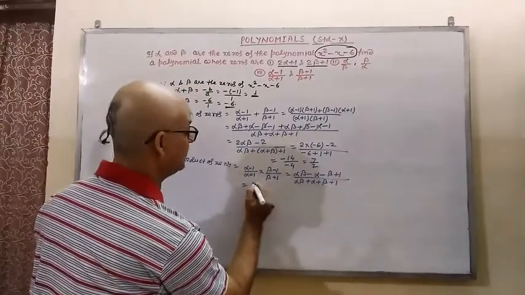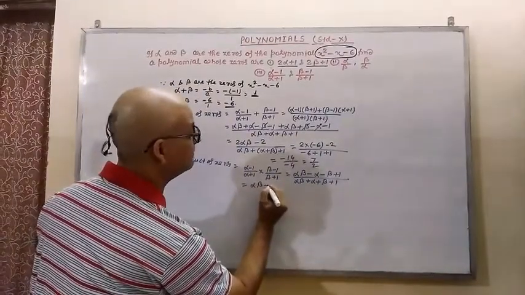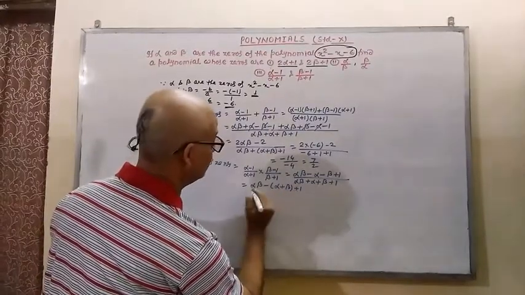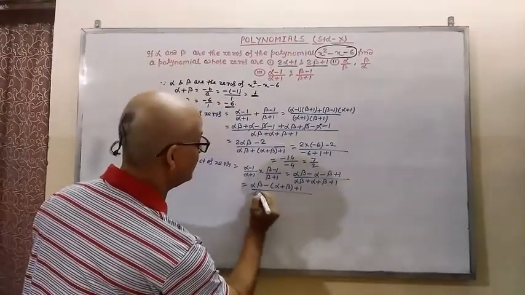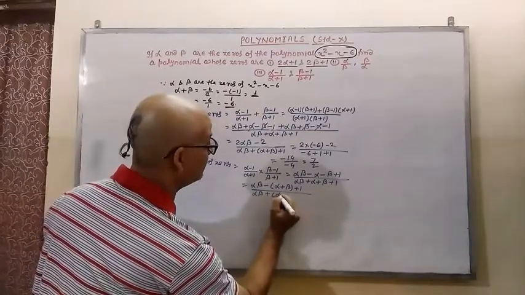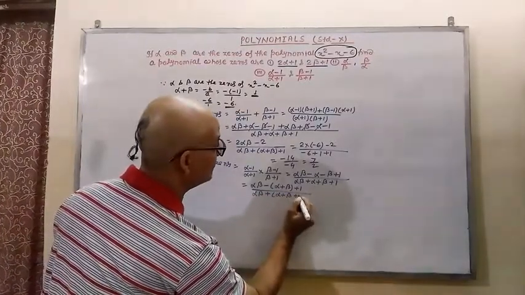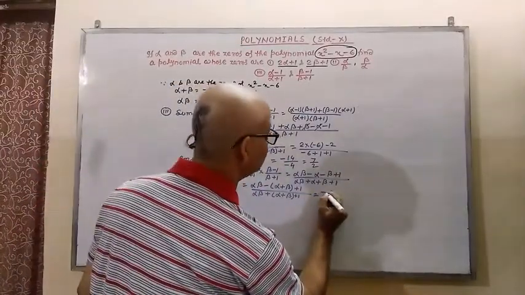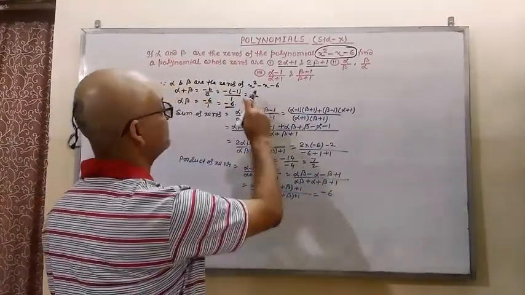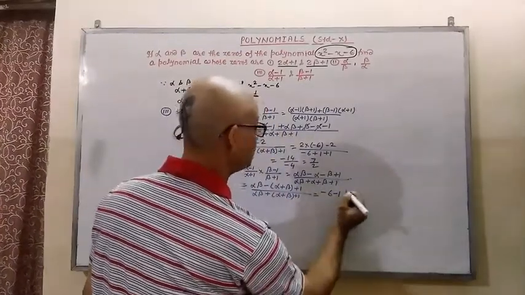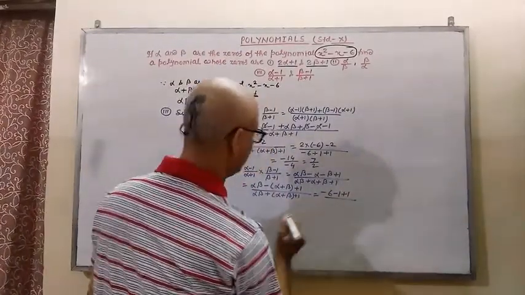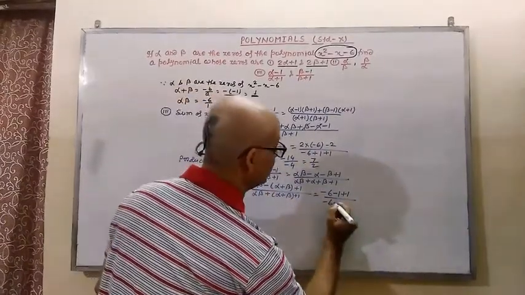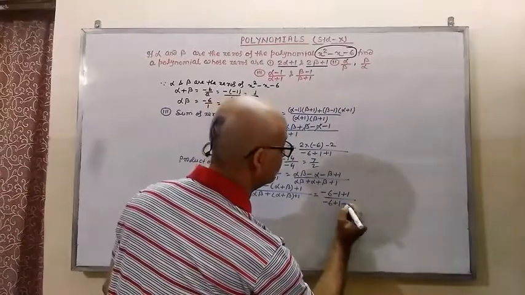This can be written as alpha beta minus (alpha plus beta) plus 1, divided by alpha beta plus alpha plus beta plus 1.